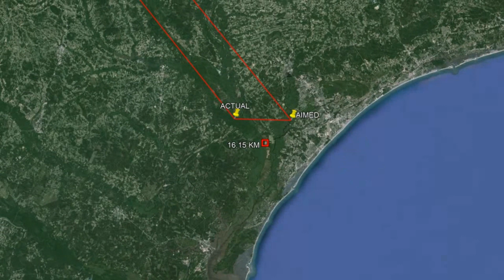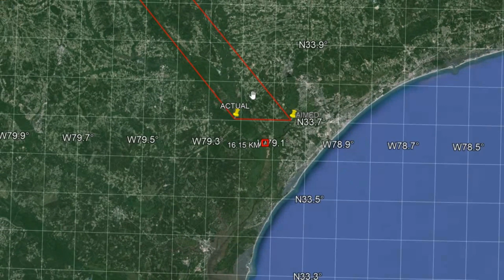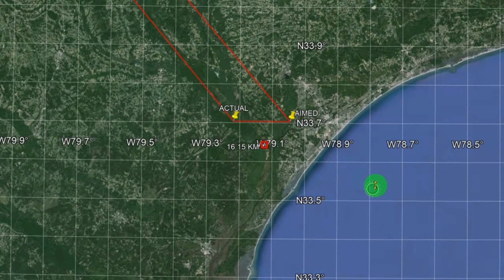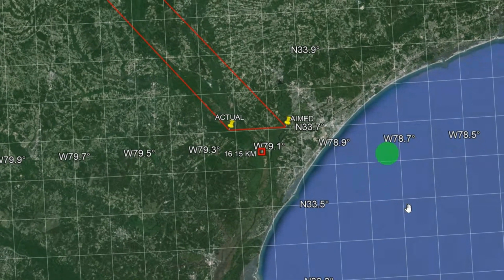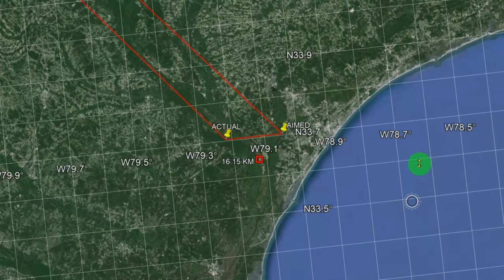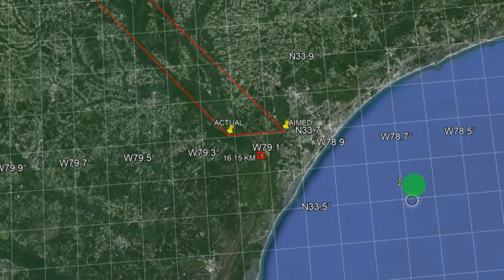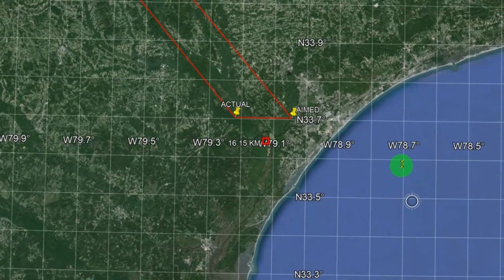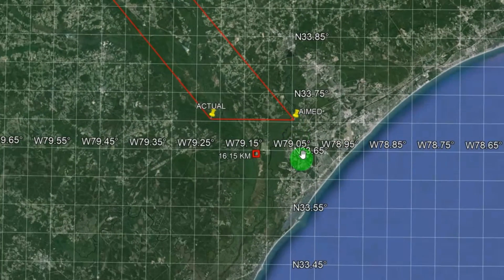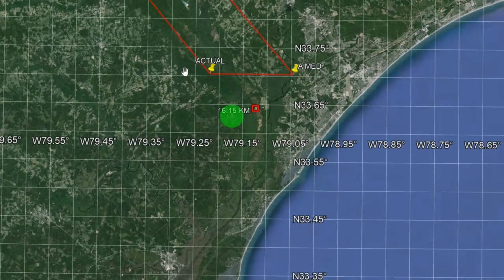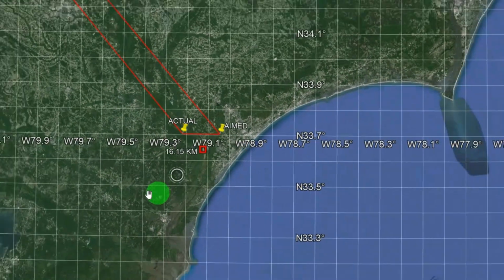You'll see, this is one of the things that got me: as you rotate around in Google Earth, because the Earth is round, when you go from place to place, things don't straighten up. But you can see here that's 16.15 from where you aimed to the actual, with about the same 0.73.